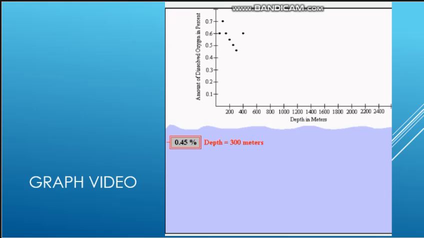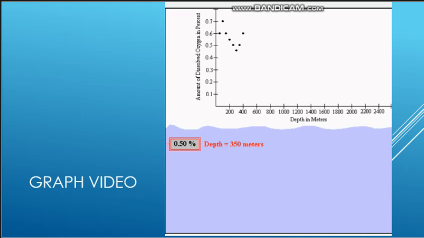So we find 300 meters on the x-axis, 0.45% on the y-axis, and we make our point. Then we go to 350 meters. At 350 meters, the amount of dissolved oxygen is 0.50%, so we find 350 on the x-axis, 0.5% on the y-axis, and we make our point there. Now once again, we've already done 400 meters, so we don't have to do that again.